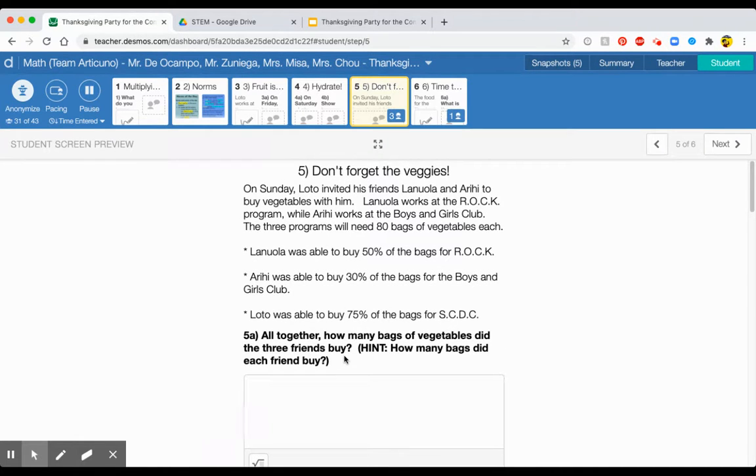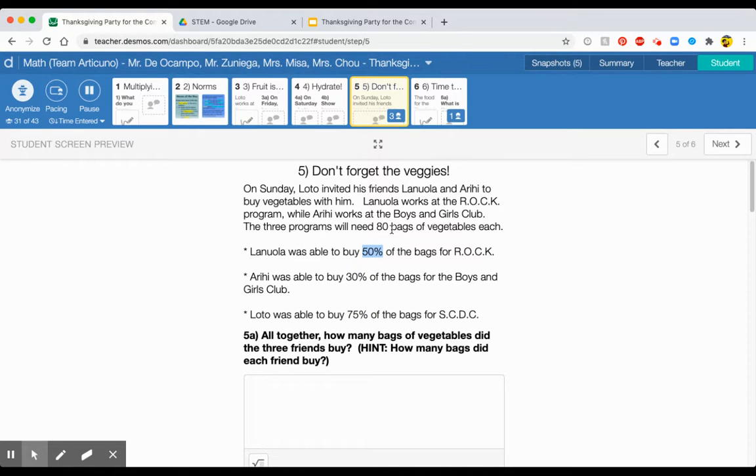This is a longer problem, and it's turning out to be a 3-part problem because we have 3 people here. You want to keep in mind that we're dealing with percents, but they don't really want percents, because the question is asking how many bags. We want to know how many bags, not just percents.